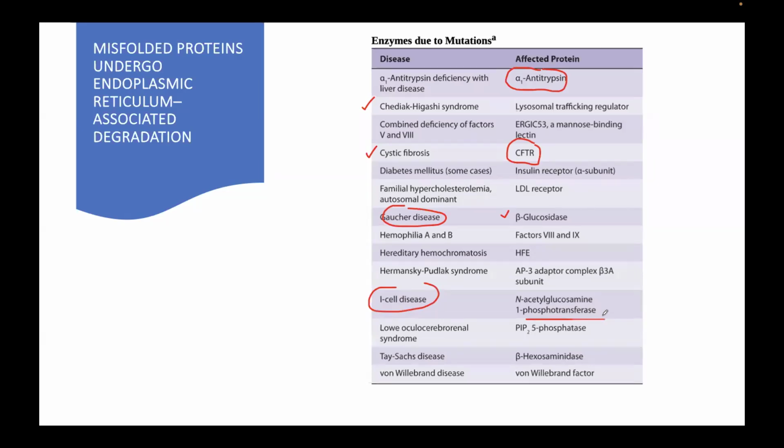And we have Tay-Sachs, which I mentioned in the past. This is hexosaminidase. But there's something confusing because in this table, they write beta-hexosaminidase. This is supposed to be hexosaminidase A.